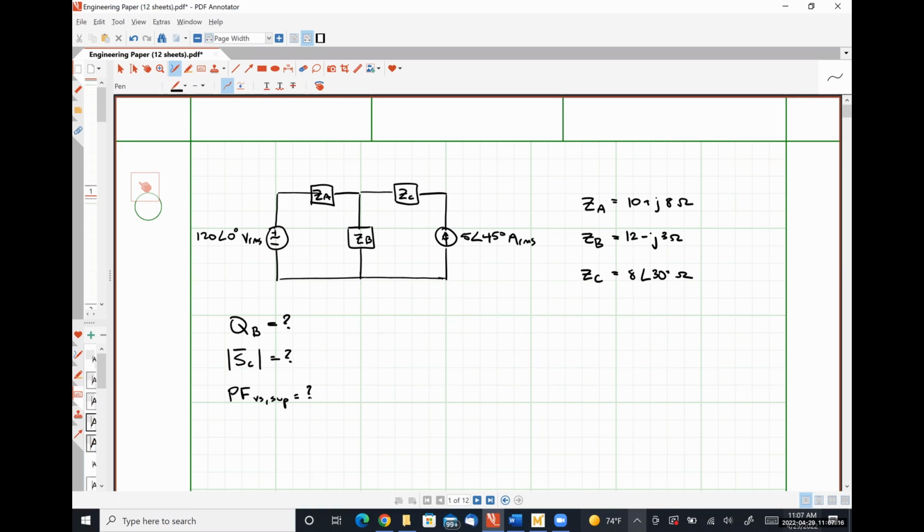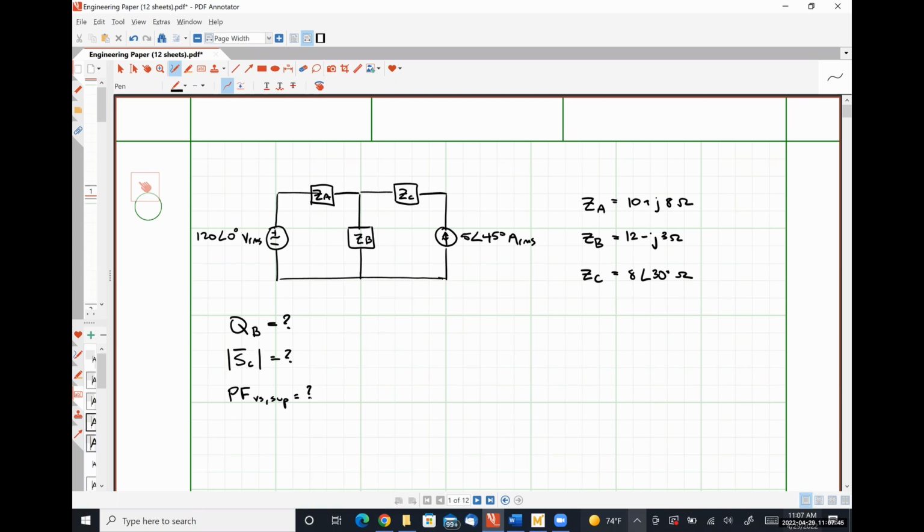So in order to determine the reactive power absorbed by impedance ZB, we need to know either the RMS phasor voltage over ZB or the RMS phasor current flowing through ZB, or both of those quantities. I would argue only getting one of them is probably the easier move here.